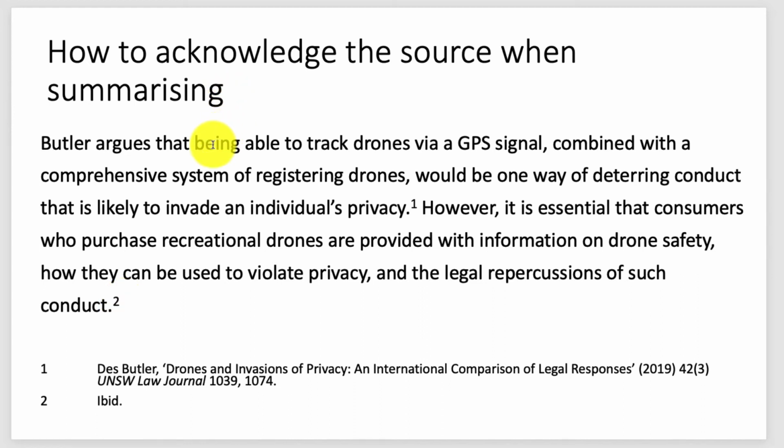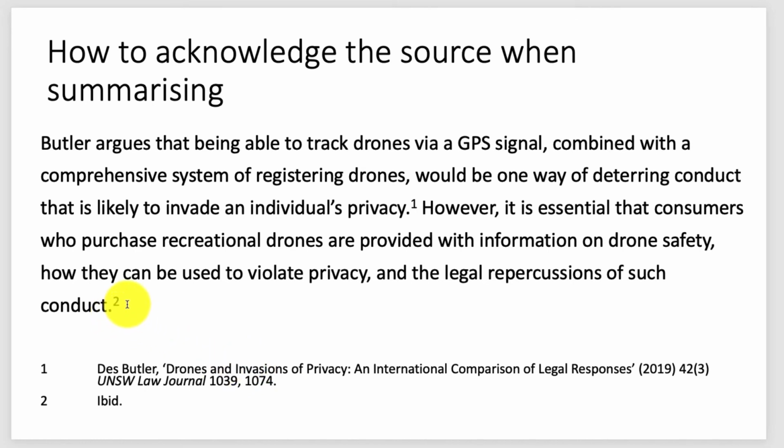So here the student has acknowledged that aspects of this first sentence include some of Butler's work, there is a footnote reference at the end of that sentence, and then the full citation of the source with a pinpoint reference referring back to where that idea can be located in the original source.